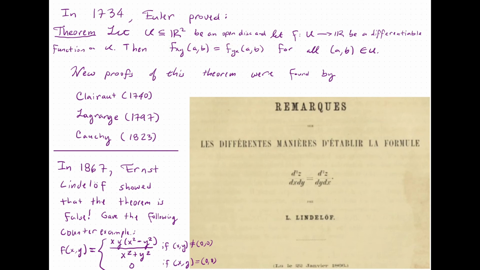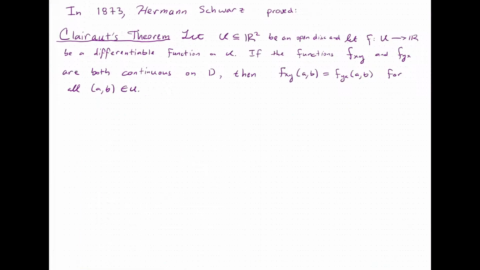And if you go back to your calculus textbook, what you'll see is that the theorem in your textbook is not this one, because of course this is wrong, but rather what is known as Clairaut's theorem, which was actually proven by Hermann Schwarz in 1873.